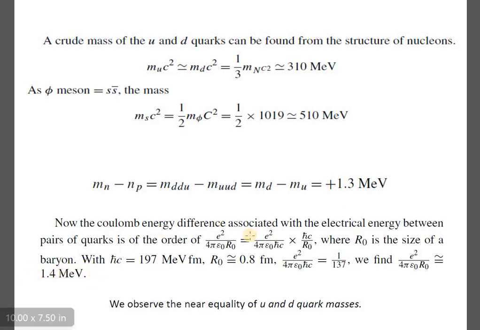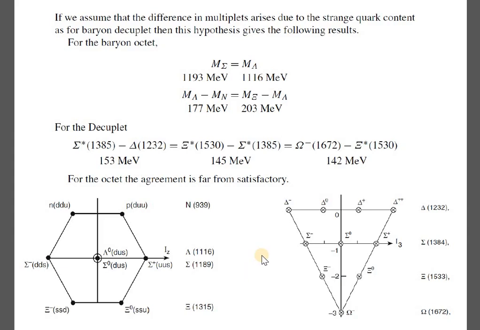Thus, what we get is the near equality of the U and D quark masses. Now, so far so good. However, let us now concentrate on the baryon decaplet and octet, right?